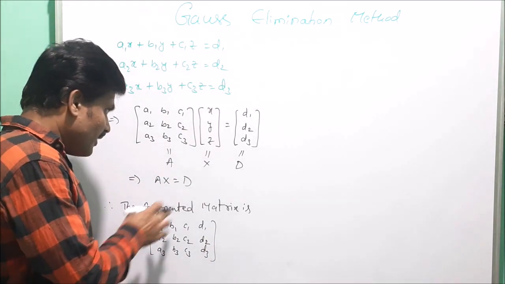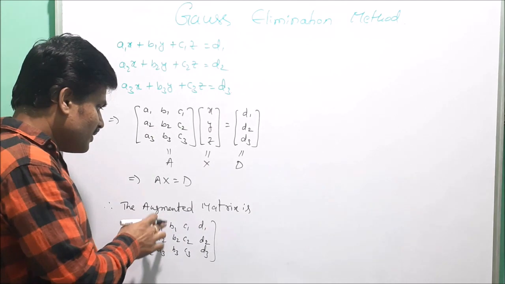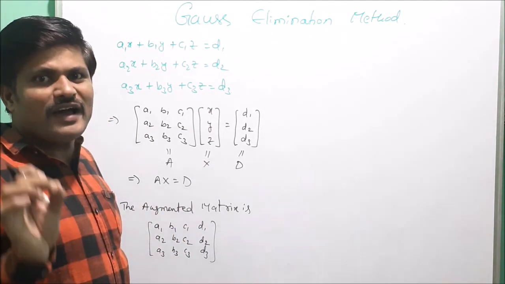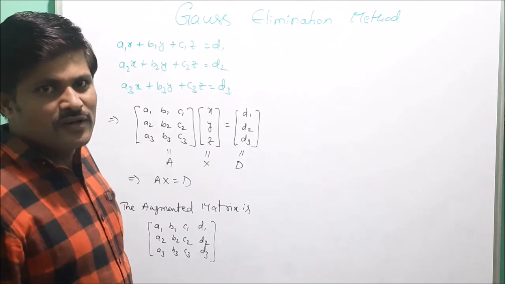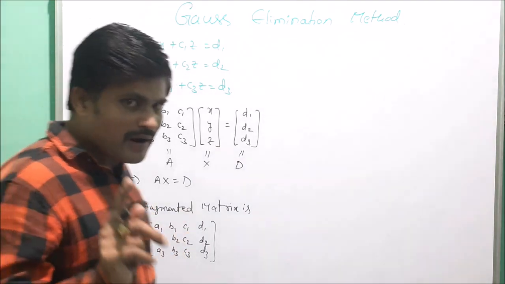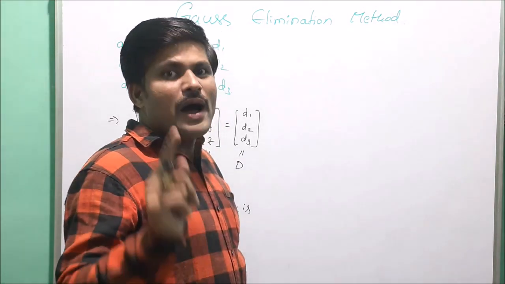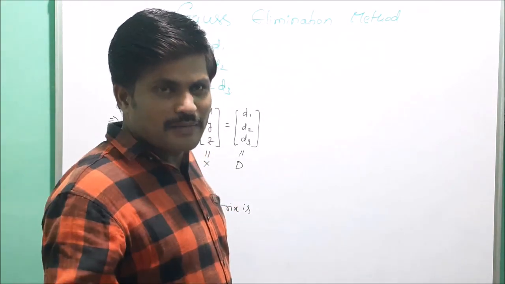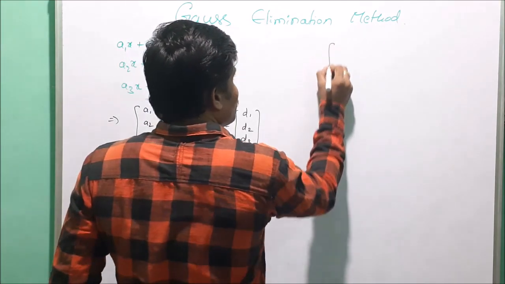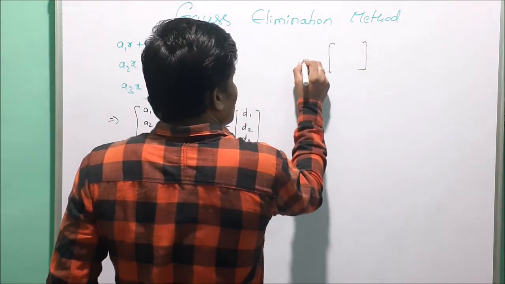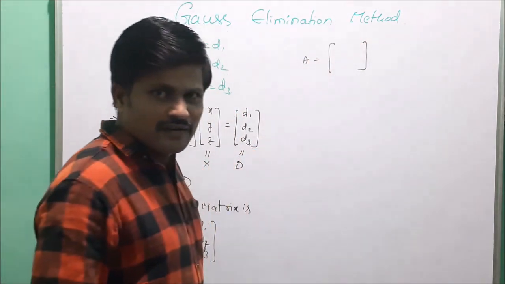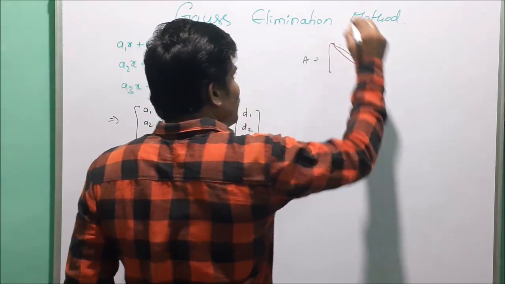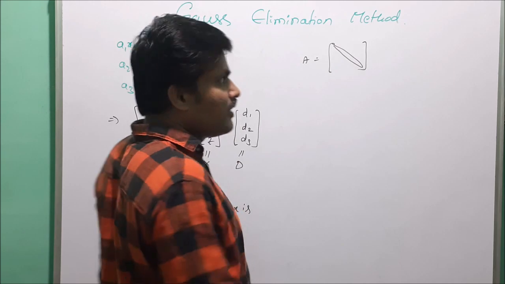In the Gauss elimination method, the augmented matrix is converted to an upper triangular matrix. The definition of an upper triangular matrix: suppose A is any square matrix, and in this square matrix this is the principal diagonal.